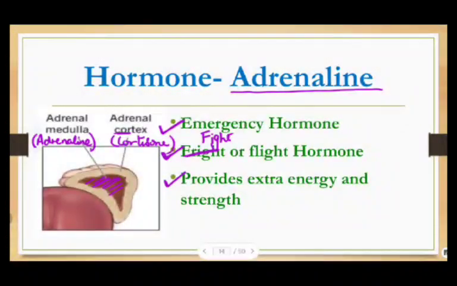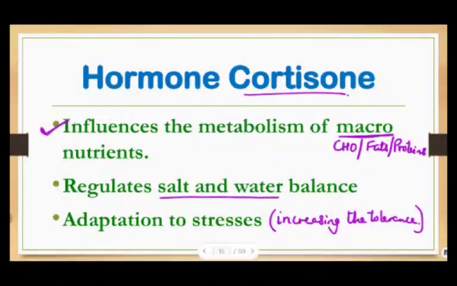The adrenal medulla secretes adrenaline. The adrenal cortex secretes cortisol. Both help you to cope up with situations. One gives you a fight or flight response, it's an emergency hormone, and the other is for coping up with stress, increasing your tolerance level.